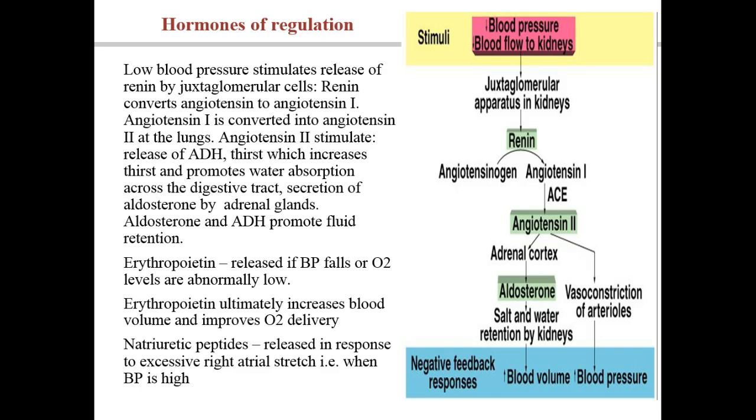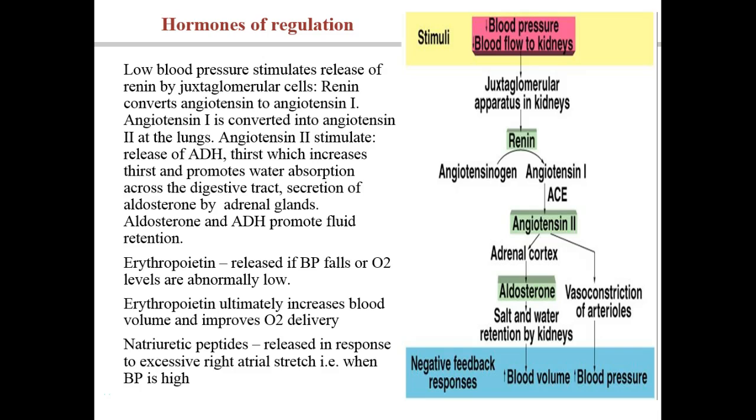So they work together. If in fact blood pressure falls or oxygen levels are low, then you have your erythropoietin released, and what that does is increases blood volume and improves O2 delivery, because that causes more red blood cells to be created, erythropoietin.